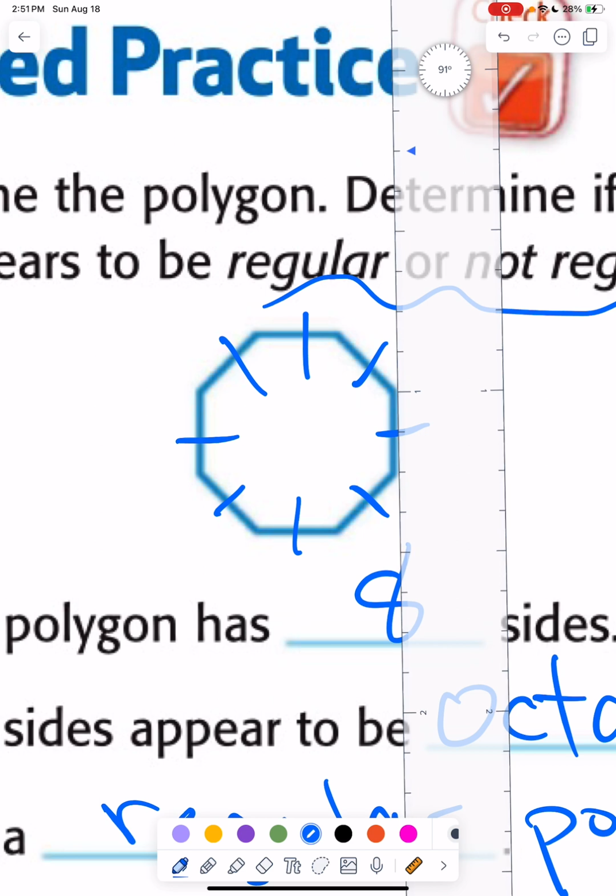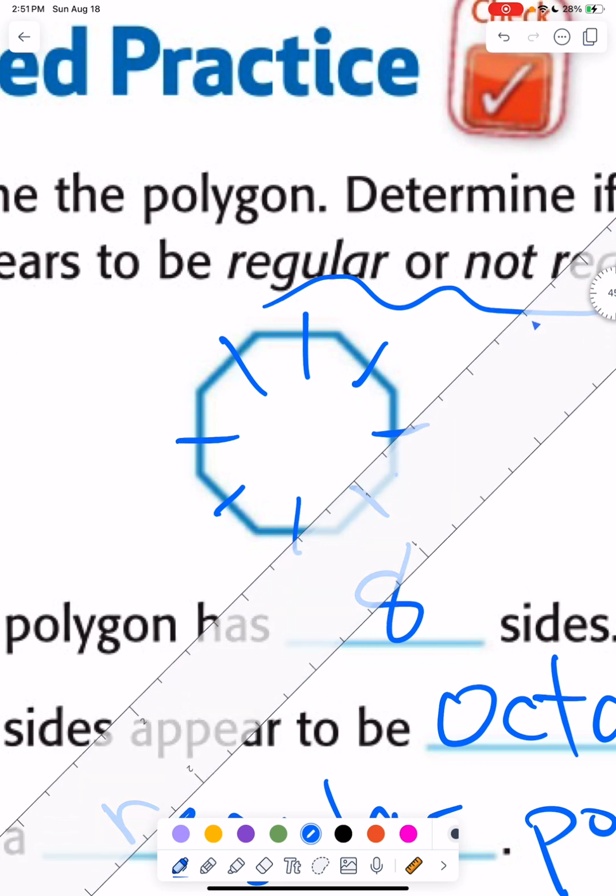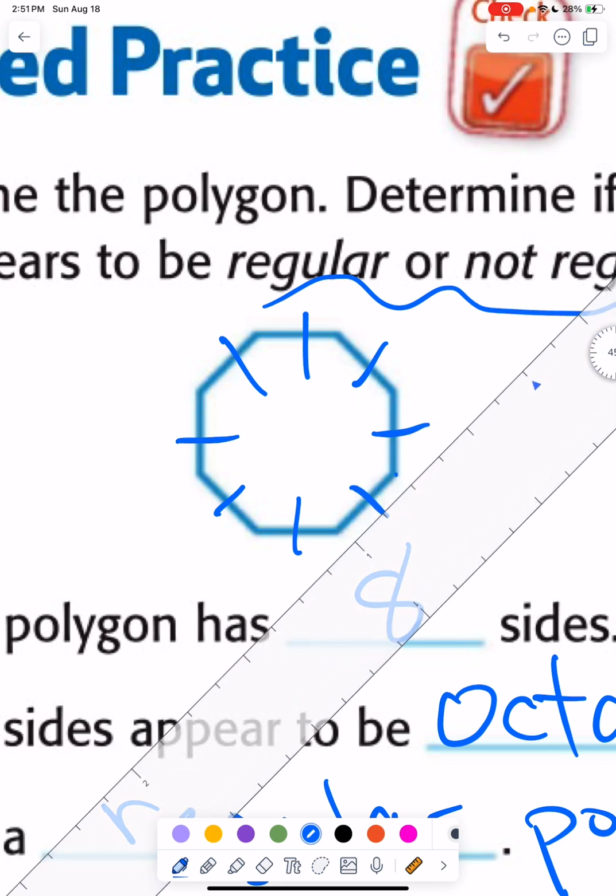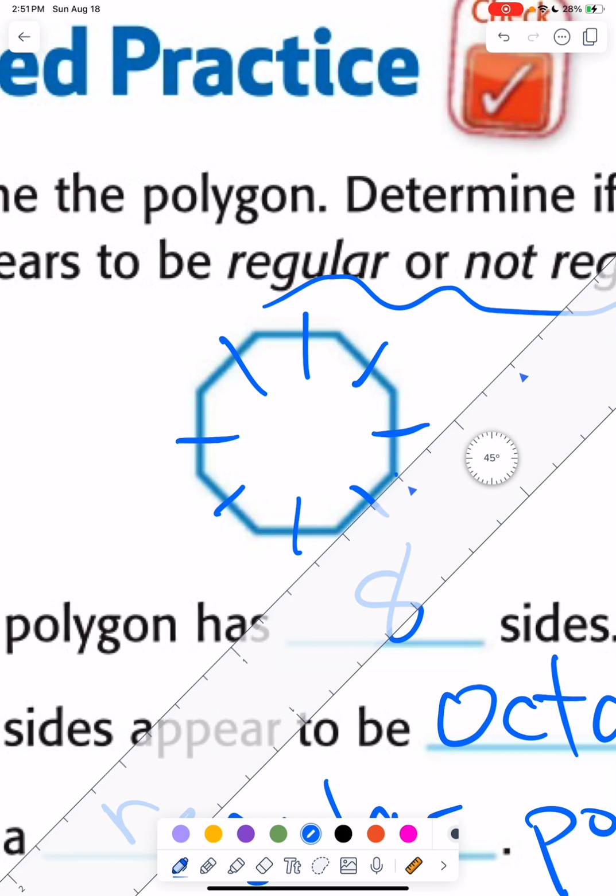So that one is 1, 2 lines from the one. We'll just check one more. Okay, any 2 lines, 1, 2. Okay, so guess what? We have a regular polygon that is an octagon.